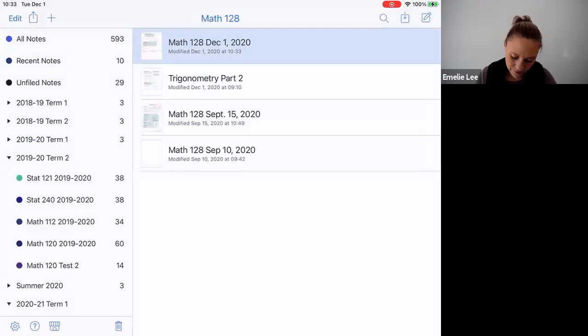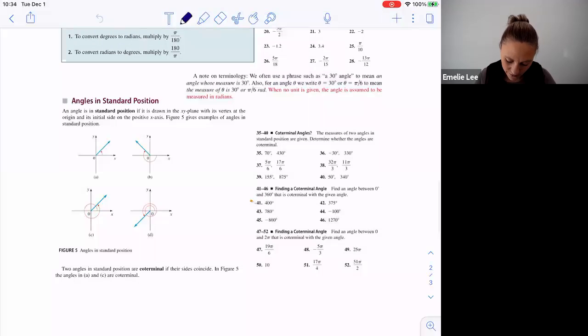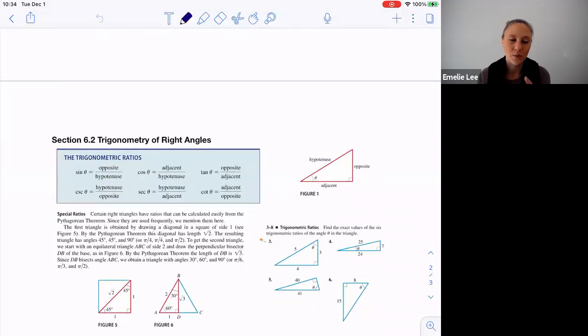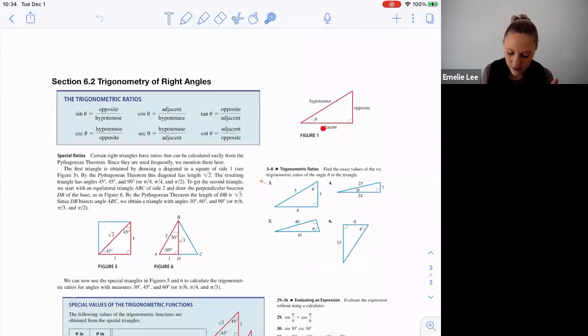Good. So we tackled the hard part of trig, I'd say, last week when we did 5.1, 5.2, establishing all those rules. And now we're going to use the right angles. So now we're going to use this familiar SOHCAHTOA to solve these problems.